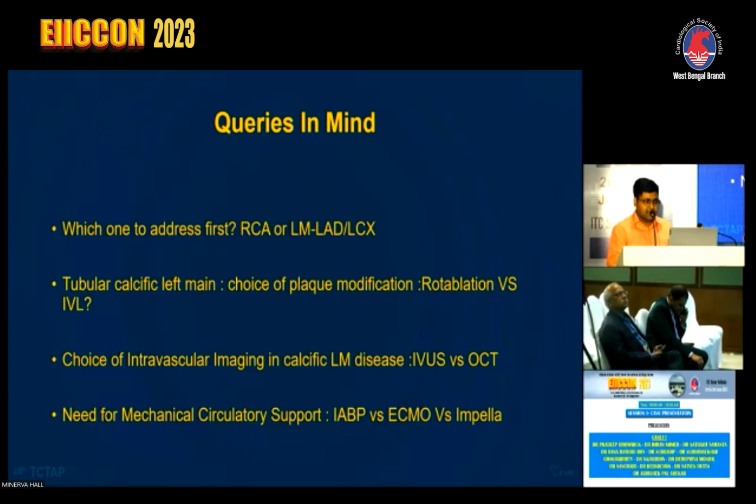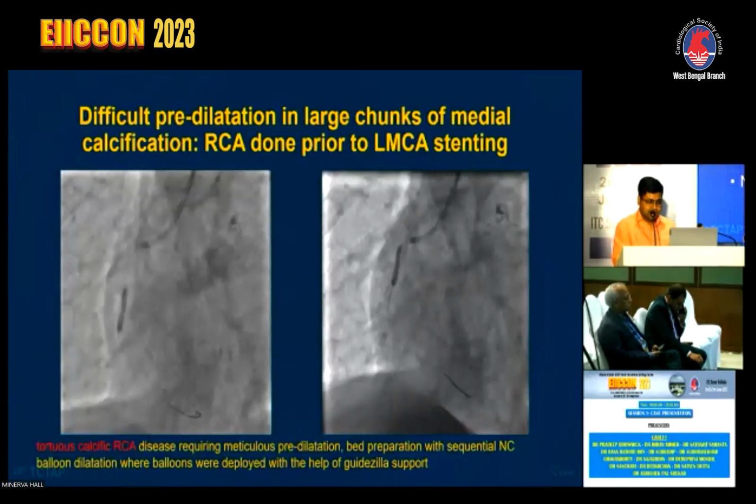And as we were doing unprotected left main, if there is need of mechanical circulatory support, which will be our choice, IABP, ECMO or Impella. So we went with RCA first as we wanted to establish the flow in the right system to support the left system and the beginning of the intervention in the unprotected left main.